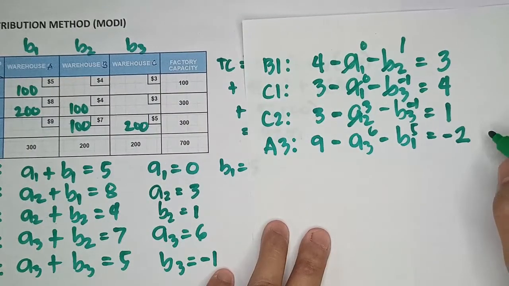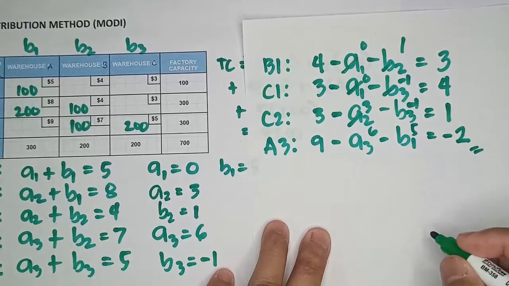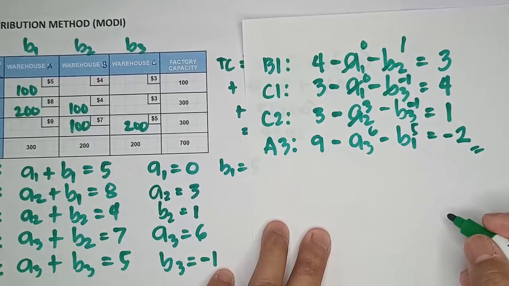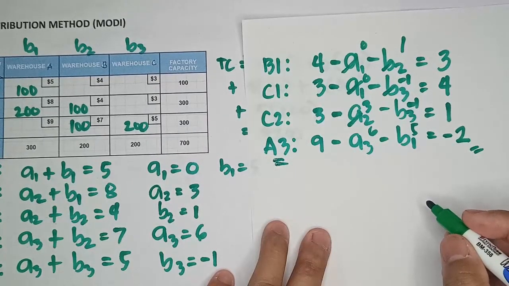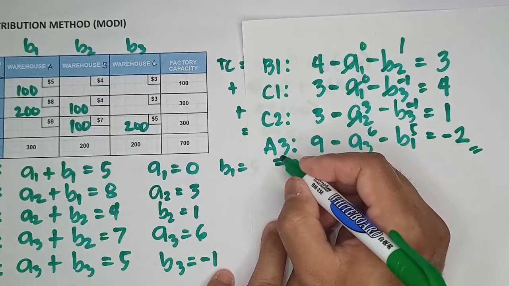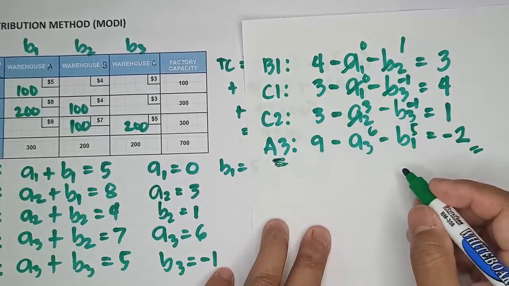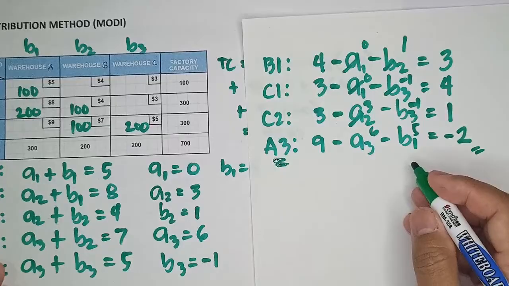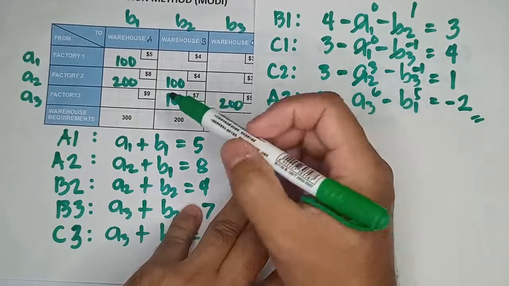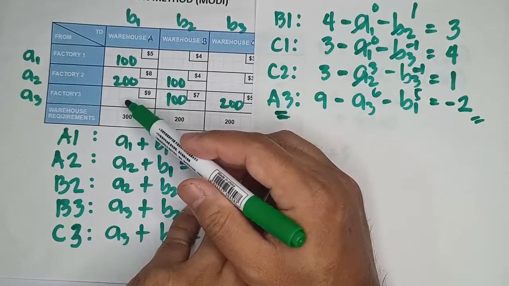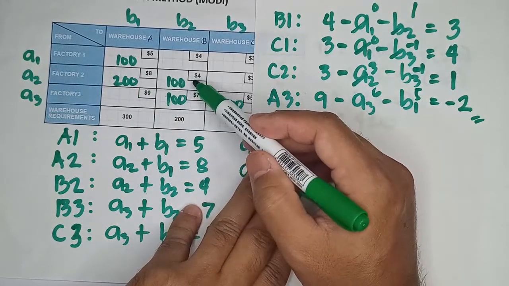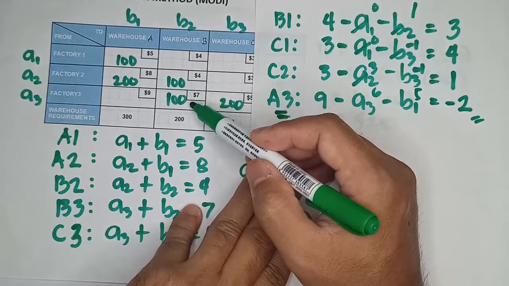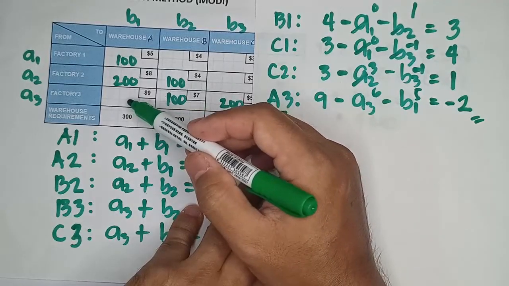Since we have a negative improvement index, we're going to have a redistribution on the stepping stone loop of A3. The closed path for A3 is from A3 to A2 going to B2 to B3 back to A3.